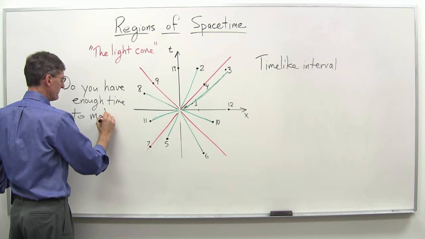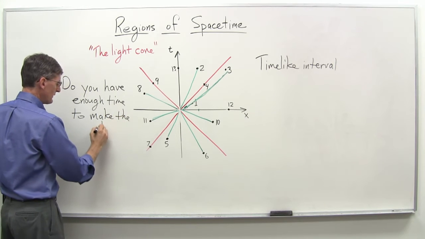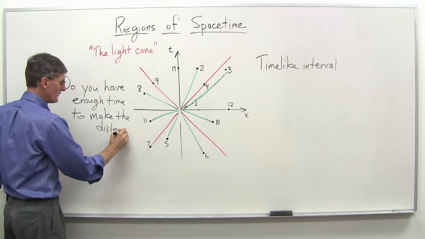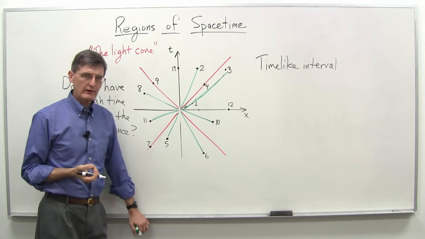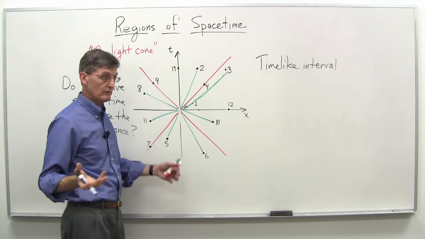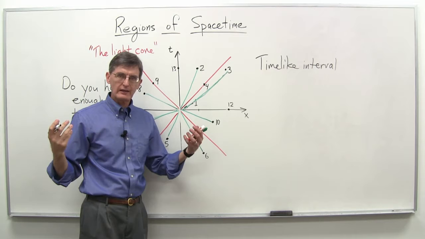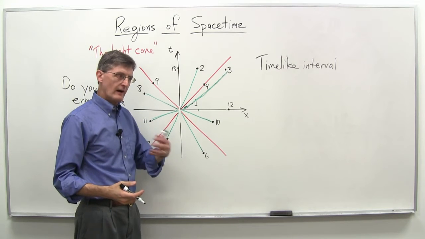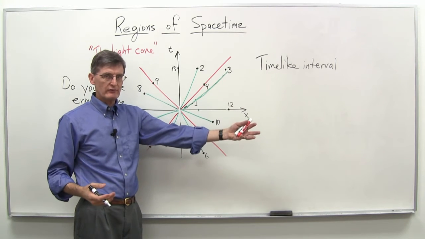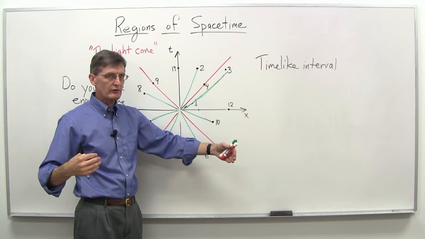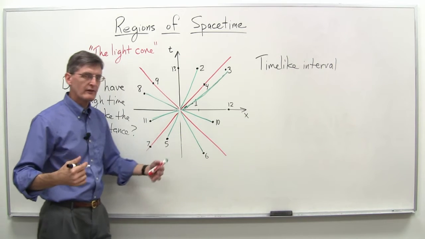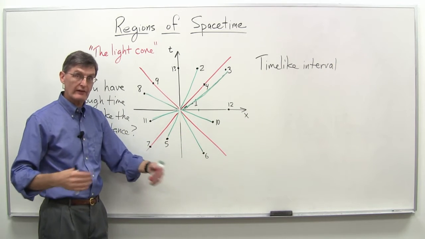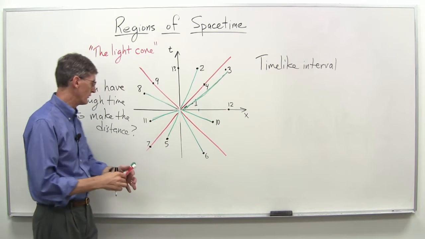This should be a little intuitive, because in our everyday lives we think about this a lot. If you drive a car, or take a bus or a train, you think, I have to travel a certain distance, and I have a certain amount of time to do it, and do I have enough time to get there, given the distance and the speed that I can go? That's really what we're asking here.